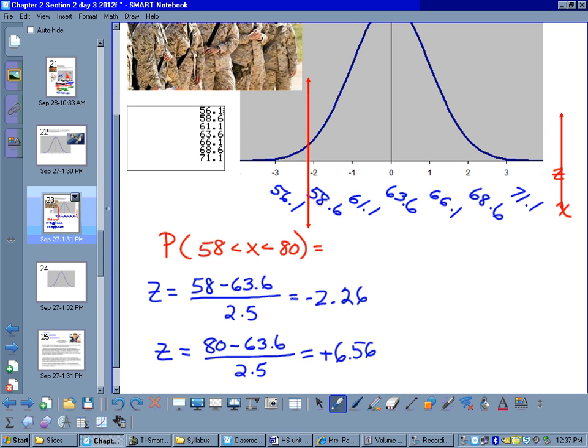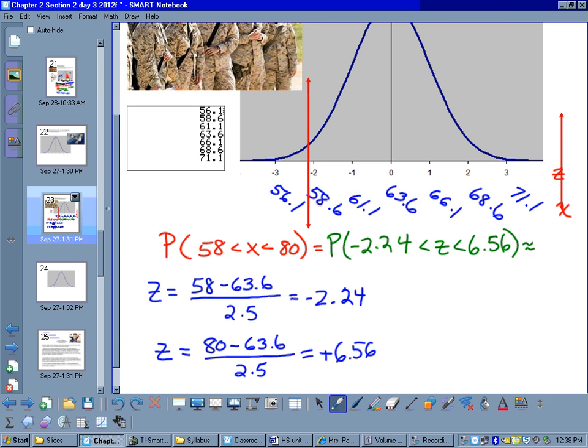So now I have to change my X notation to Z notation. -2.24 is less than Z is less than 6.56.